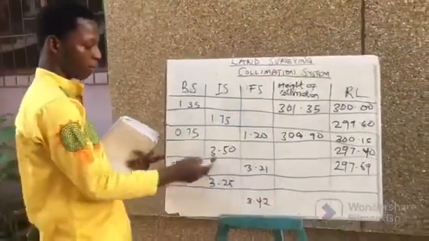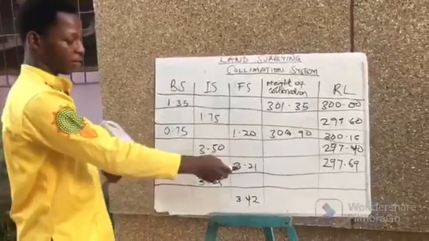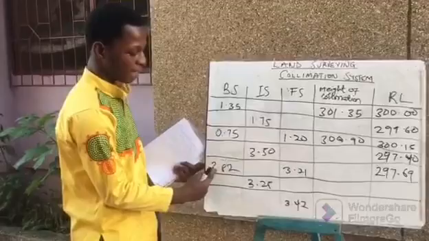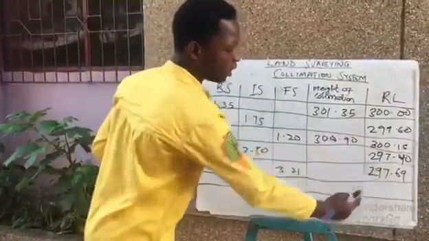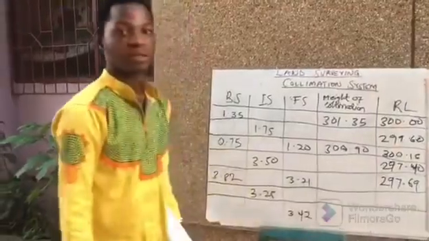But from here, you could see that the instrument was changed again. So I have to add the backsight plus the corresponding reduced level to get the height of collimation.